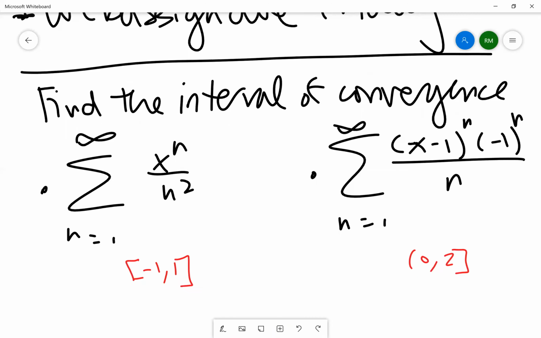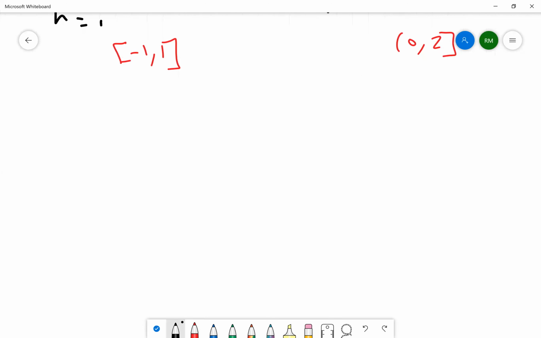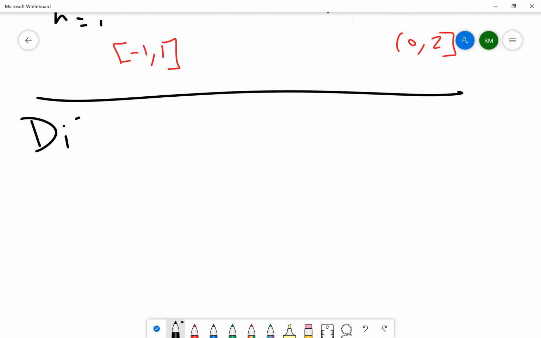So today we're going to learn something new. We're going to learn about differentiating and integrating power series.